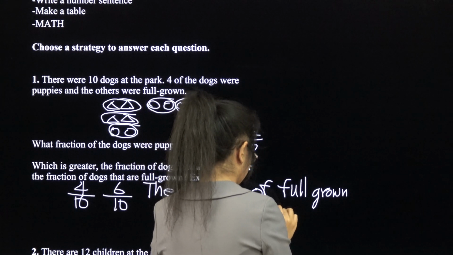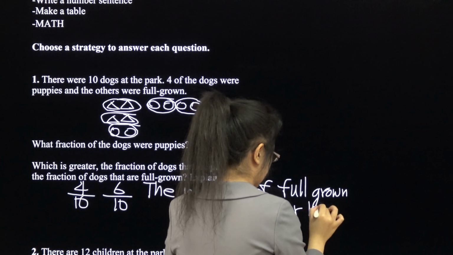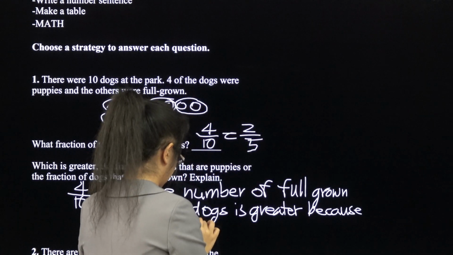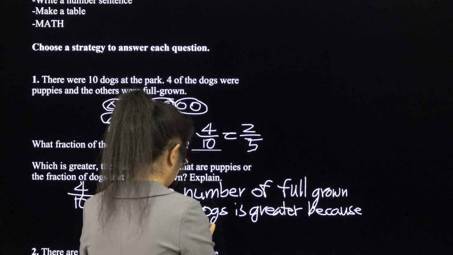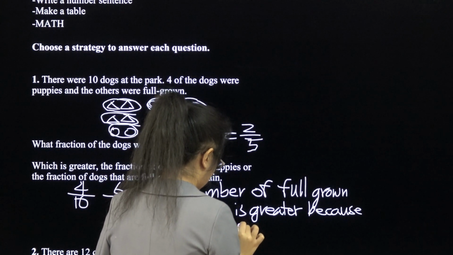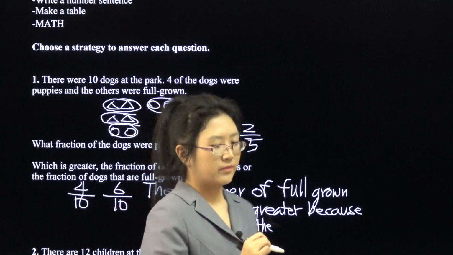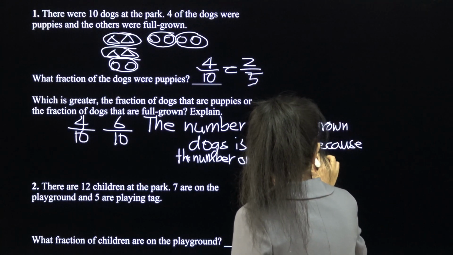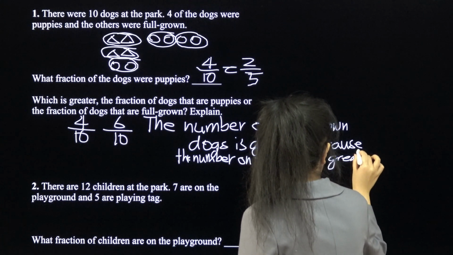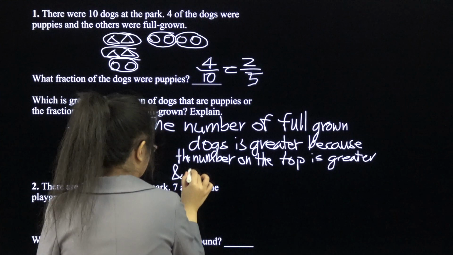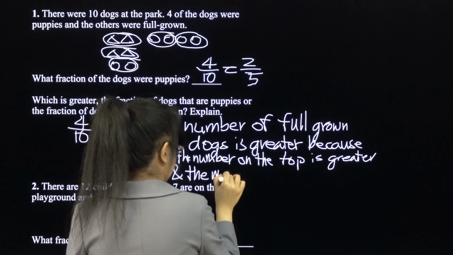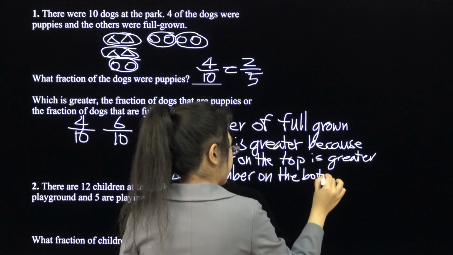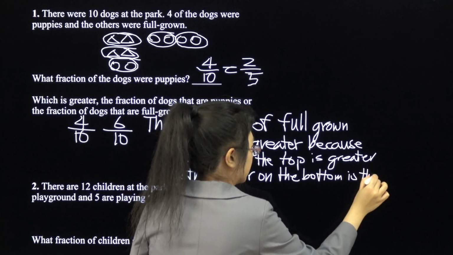Is greater because the number on the top is greater and the number on the bottom is the same.